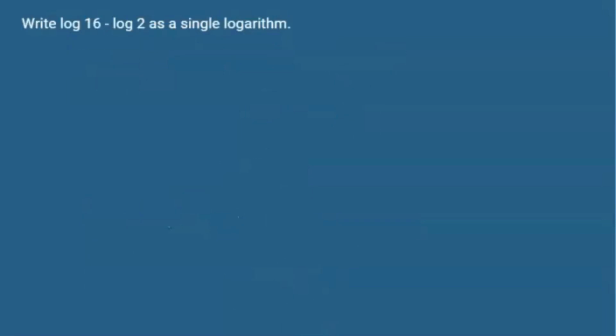Now let's try this example. Write the logarithm of 16 minus the logarithm of 2 as a single logarithm. Since we know that one of the rules of logarithm, the quotient rule, is to subtract the logarithms, we can express this as the logarithm of 16 over 2.